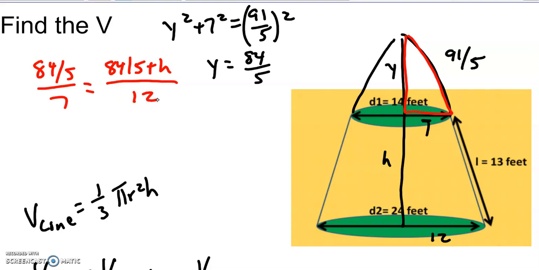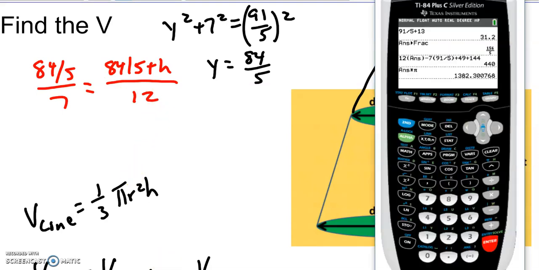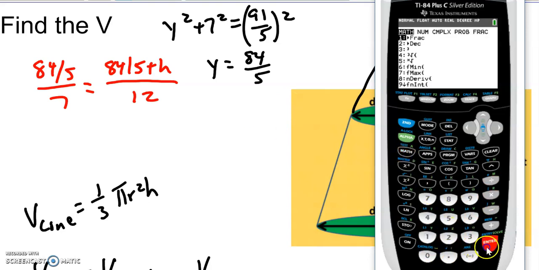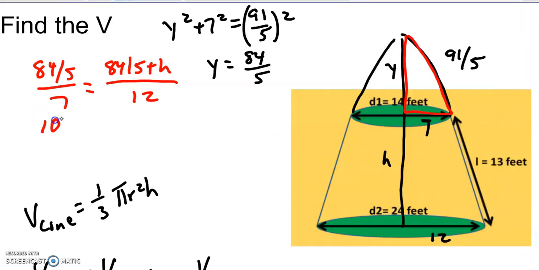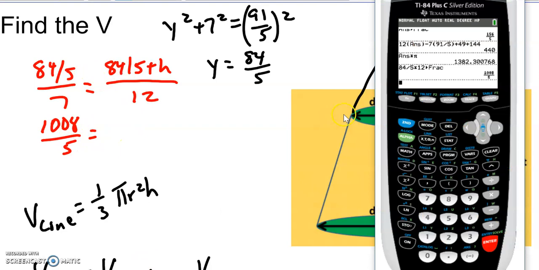Cross multiply. So here again, if you want me to show you the calculator work, I would do 84 divided by 5, and I would do times 12. And again, I'm going to leave that as a fraction. So we get that to be 1008 over 5. And then again, I got to do my other calculation, so 84 over 5 times 7.